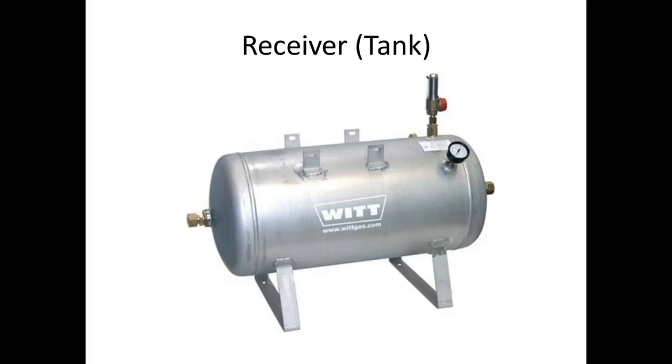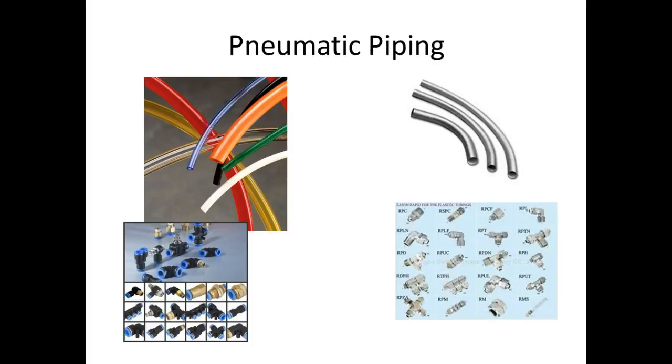But all your pneumatic reservoirs or receivers are going to have to be circular like this. Pneumatic tubing. What's nice about pneumatics is we use a lot of plastics in our tubing, which means the insulation.